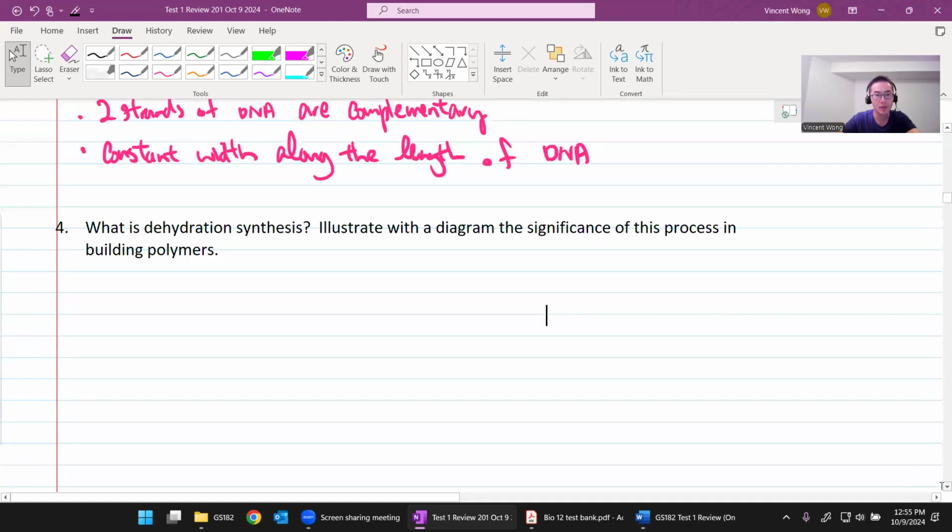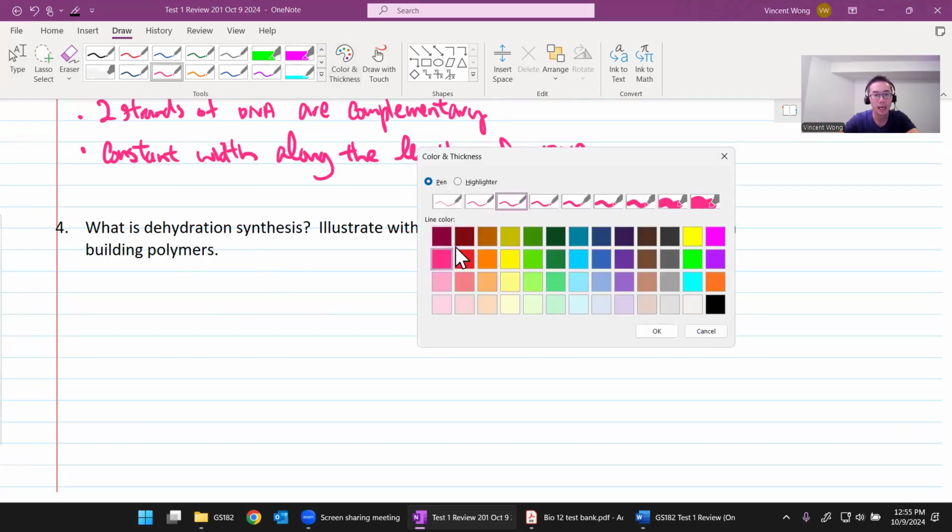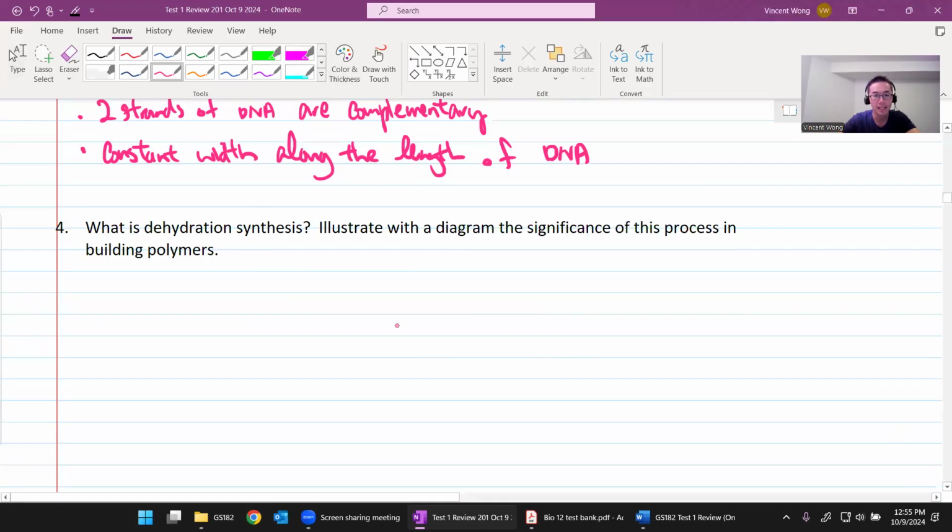What is dehydration synthesis? Illustrate with a diagram the significance of this process in building polymers. So basically, you have individual building blocks. These are monomers. We have monomers like, e.g., monosaccharide.